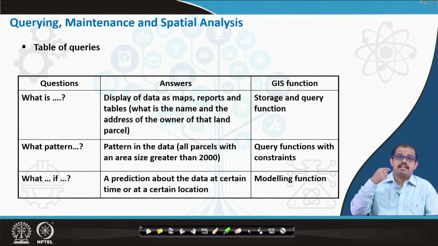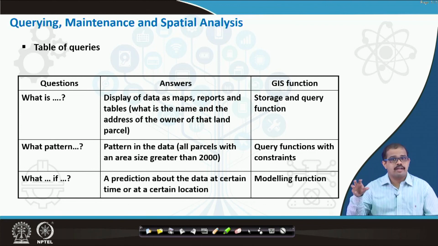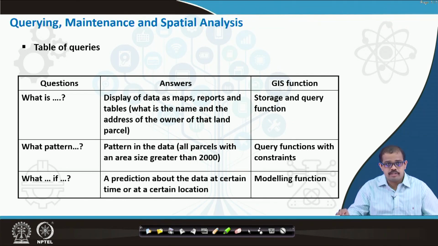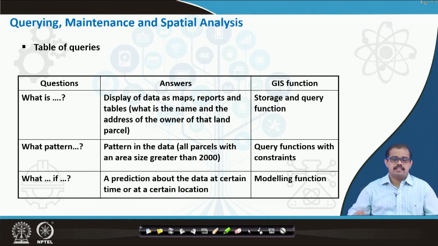That is what we are trying to query in English form. But in a GIS function, we look at storage and querying: where the data has been stored and what is the quality of that data.